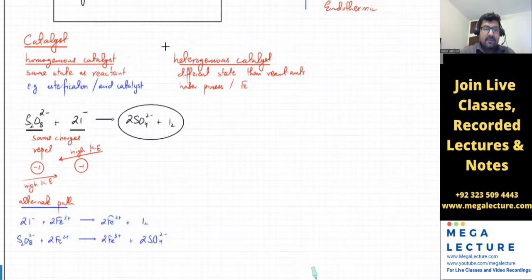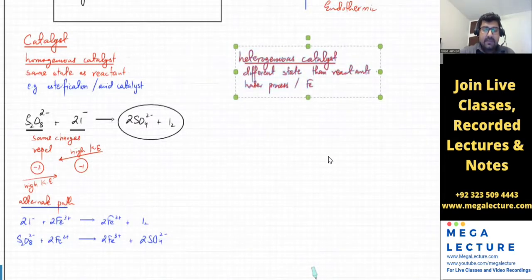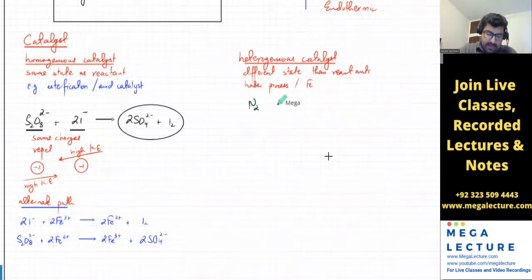I'll give you one example of a heterogeneous catalyst. How does that work, or reduce activation energy? A heterogeneous catalyst is one that has a different state. The Haber process is one example. In the Haber process, you've got nitrogen gas and H2 gas, and they react to form two molecules of NH3 gas.